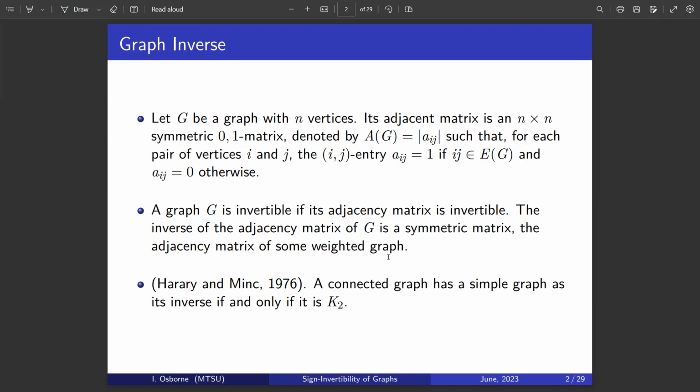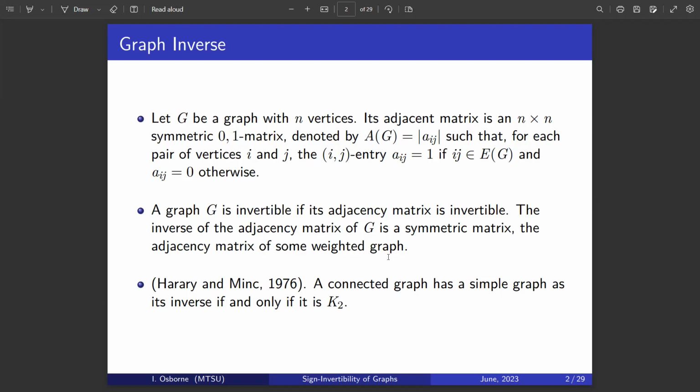But what we are especially interested in looking at is the inverse of this adjacency matrix. The inverse of a simple connected graph is also going to be a connected graph. And so we're trying to study the properties of the graphs with an inverse.